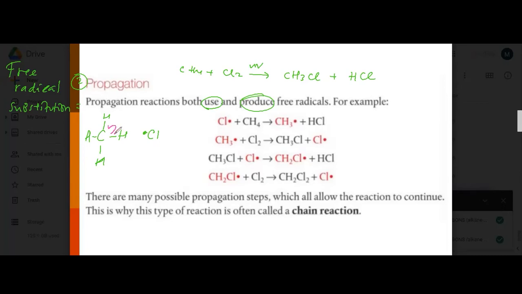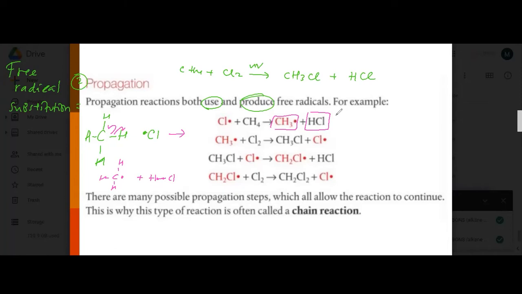So the second homolytic fission occurs, creating the CH3 free radical and the H free radical. The H free radical combines with the Cl free radical to form a covalent bond, so HCl is produced here, and a new free radical is also produced. This is the first step of propagation.